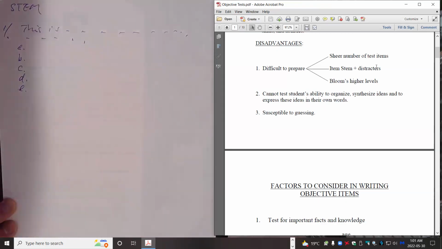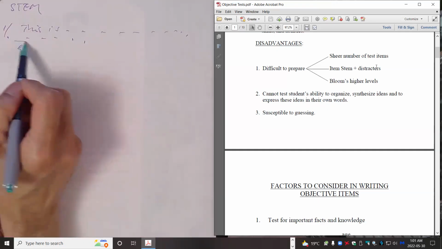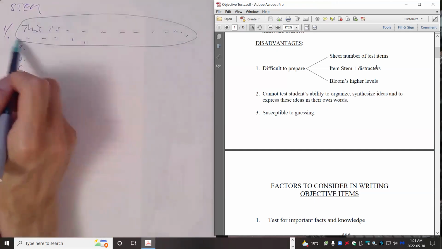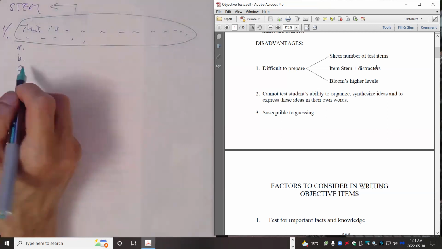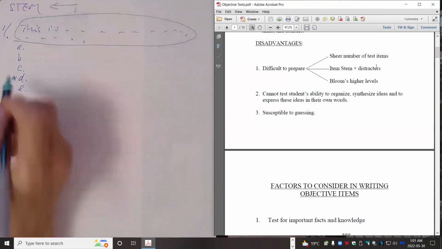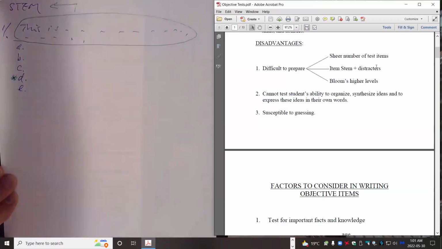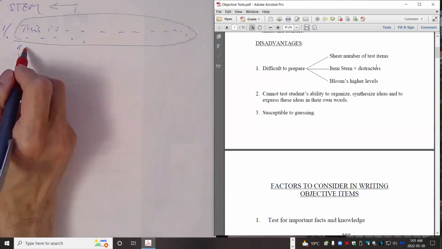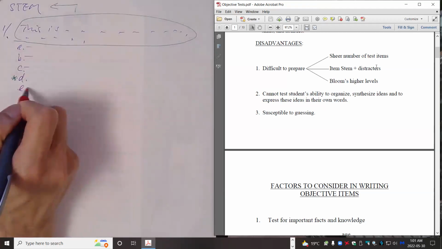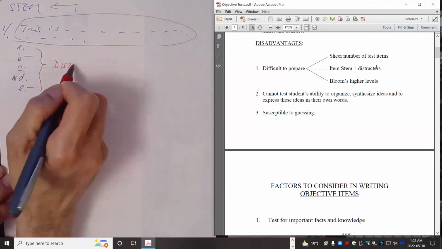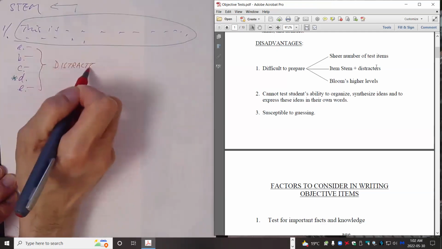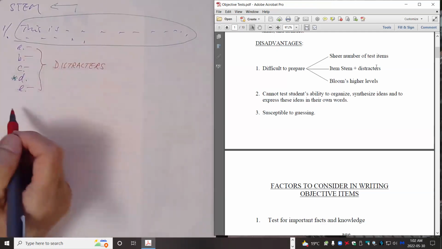This is called the item stem. Then this is the correct answer, and all the others are called distractors.